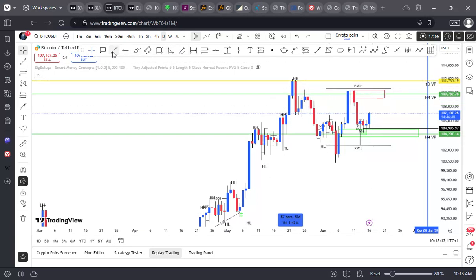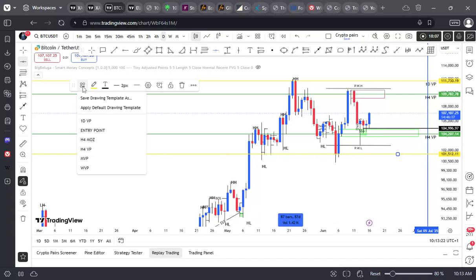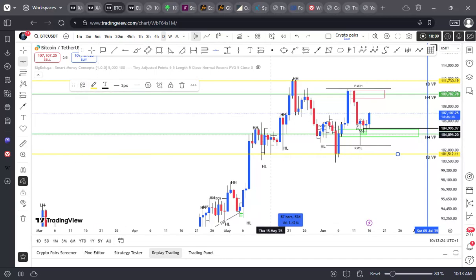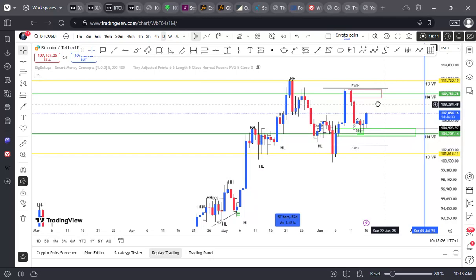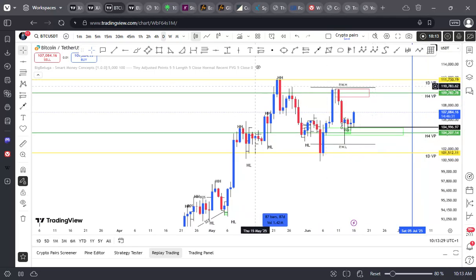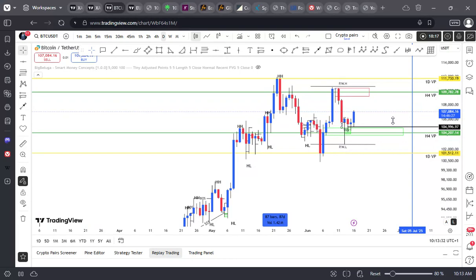Then for daily demand, over here is daily demand. Okay, so with that in mind, you see that the prevailing trend for BTC is buys.